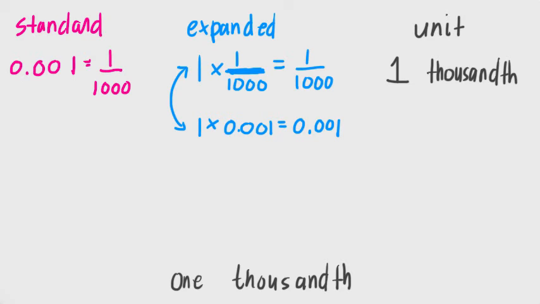So let's try this one more time with a different number. Let's get rid of that. We'll start with, I'm just going to abbreviate this really quick, standard. And then we had expanded. We'll do this here. And then we'll have unit.